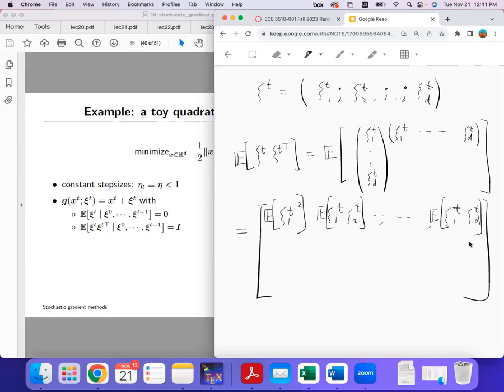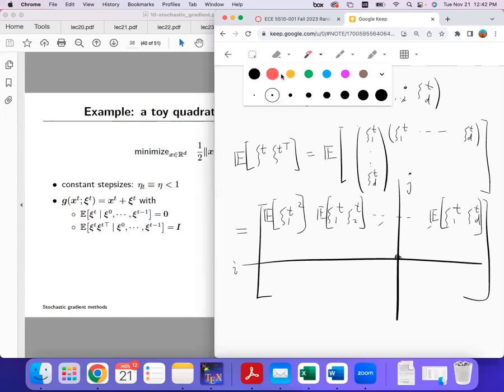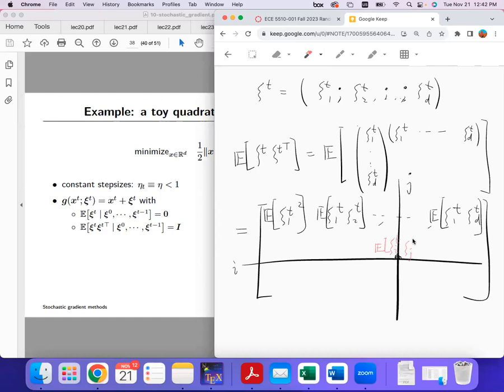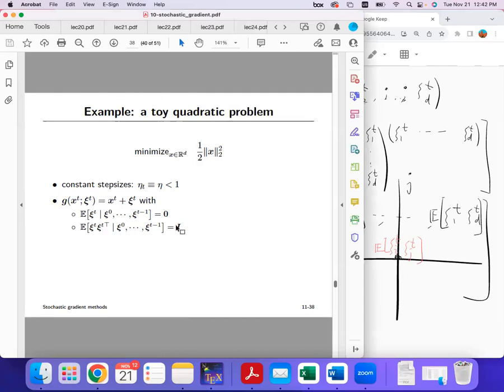So basically, this is a matrix where the ij-th entry, the i-th row and j-th column, is the correlation between ξ_it and ξ_jt. And we are given that such a matrix is an identity matrix.